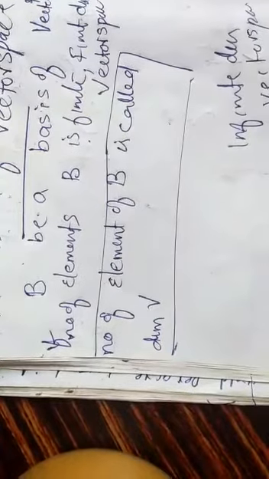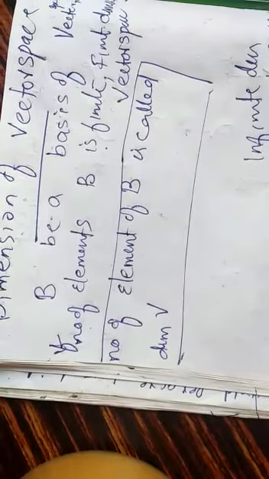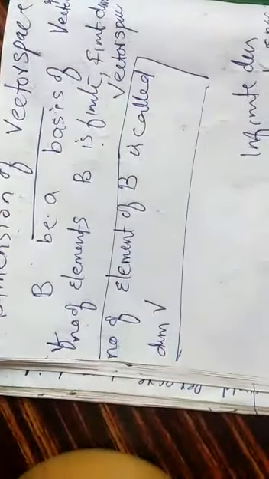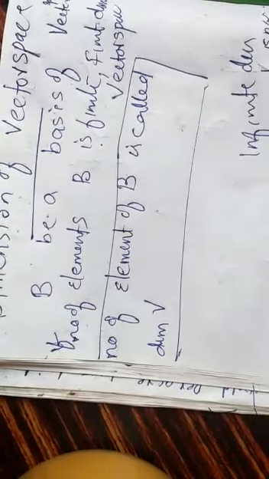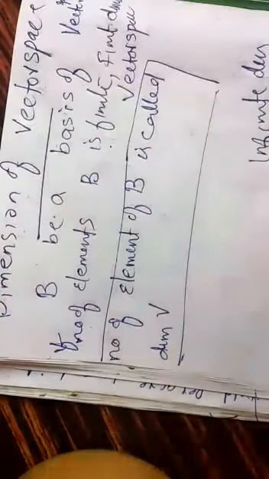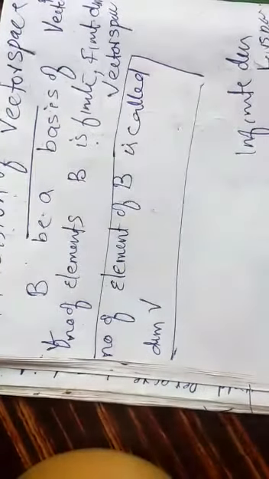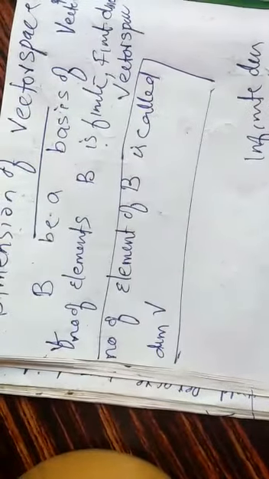And dimension of vector space is a number. That number is the number of elements in the basis of the corresponding vector space. So if we take R2, a basis of R2 has how many elements? We find out. That number is the dimension of R2. You can take any vector space and find out its basis. If that basis has a finite number of elements, you can say finite dimensional vector space.